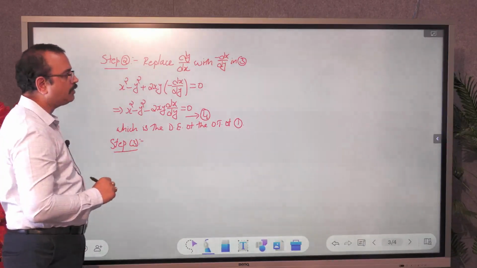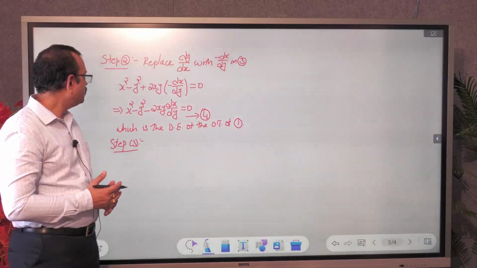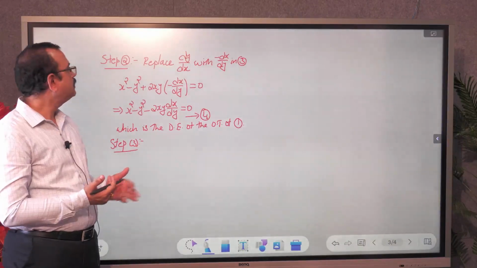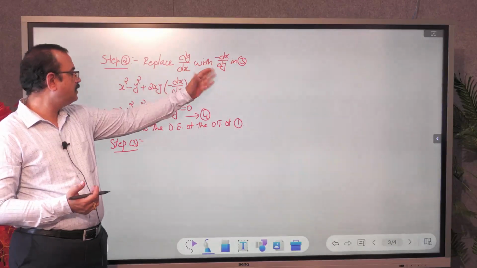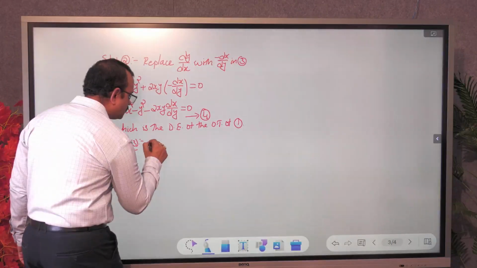So we are evaluating the orthogonal trajectory of the given family in 3 steps. In step 1, formation of the differential equation. In step 2, replace dy by dx with minus dx by dy in the differential equation. And in step 3, we solve this differential equation.